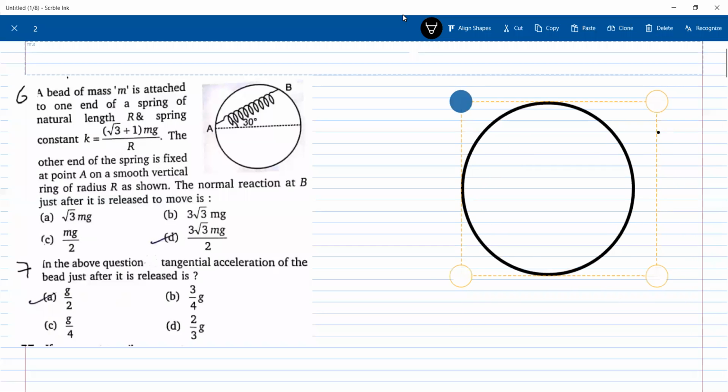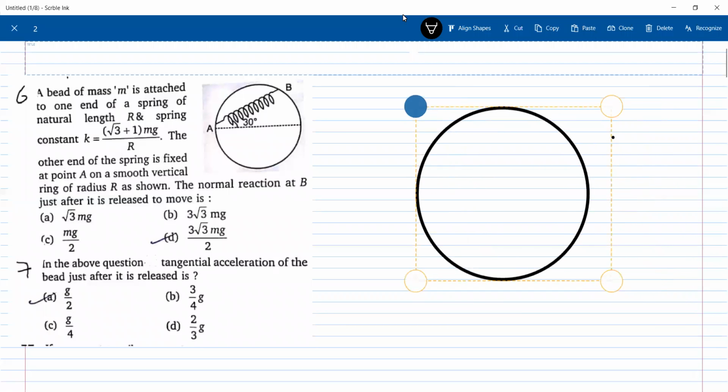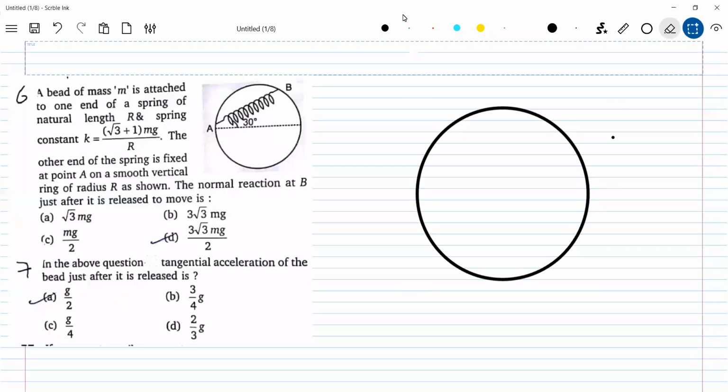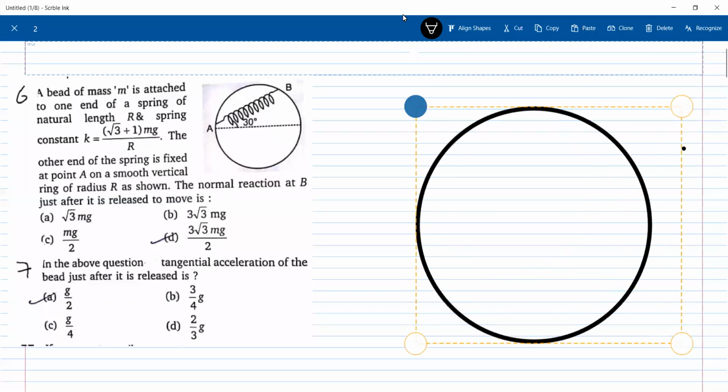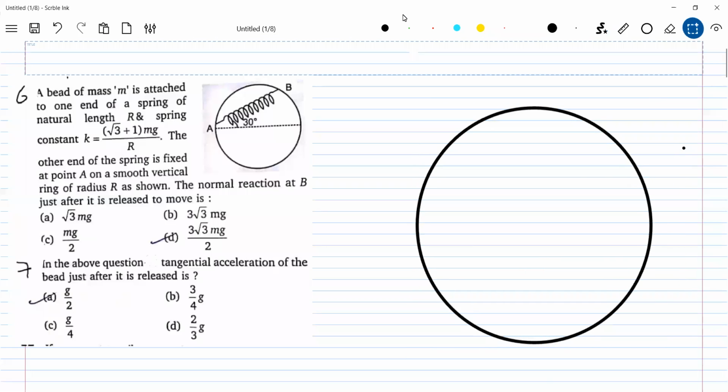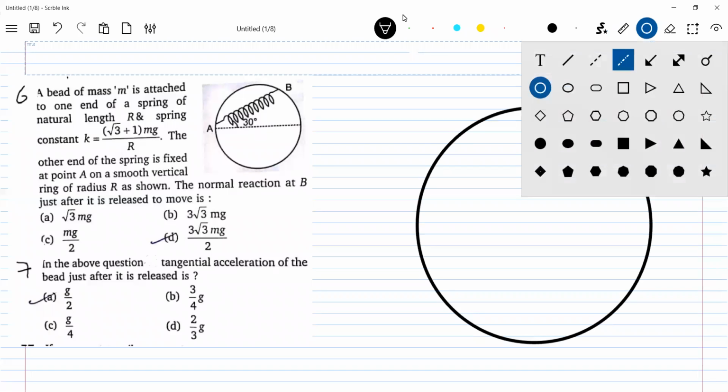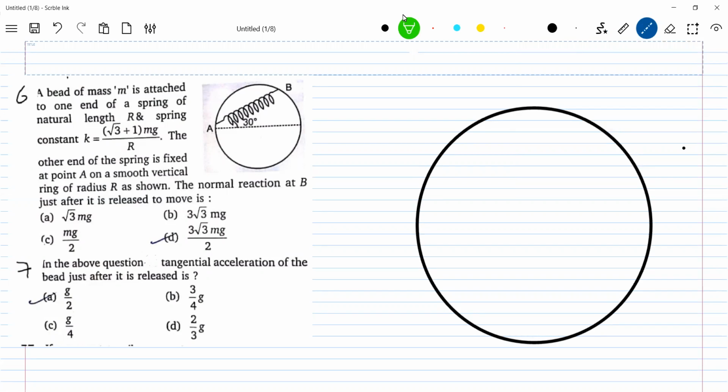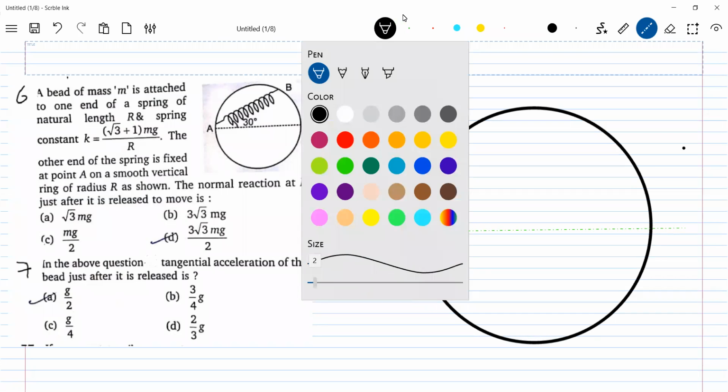What we have to show is that bead, no? This is the diameter and there's a midpoint of the circle.